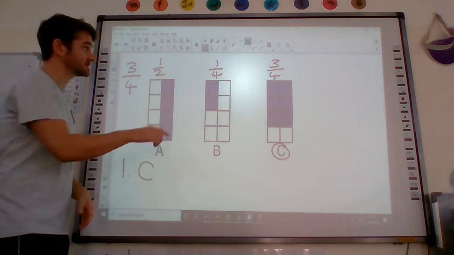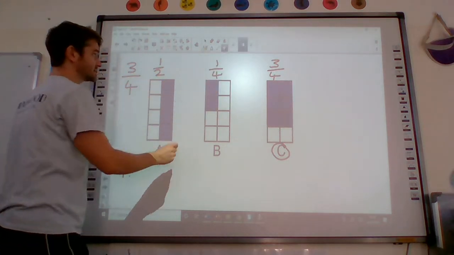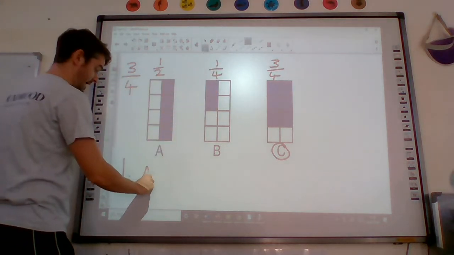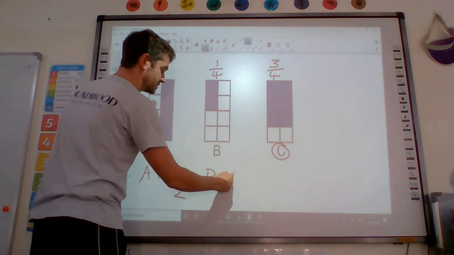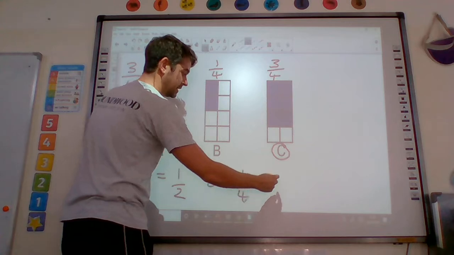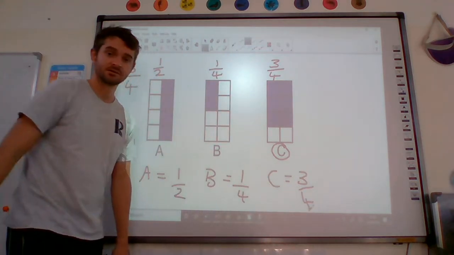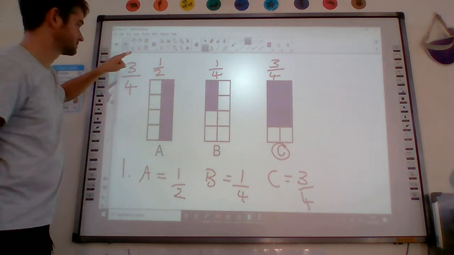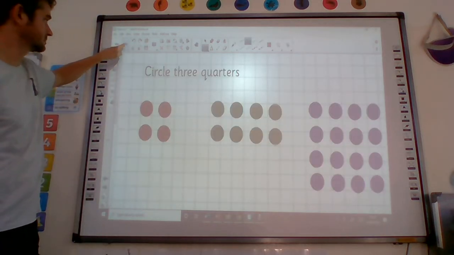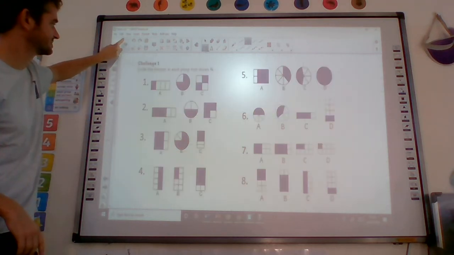If you don't have a printer and you want to do this part, then all you need to do is this. A equals half, B equals quarter, and C equals 3/4. That is challenge 1. That is your extension. I'll come back to that in a moment.